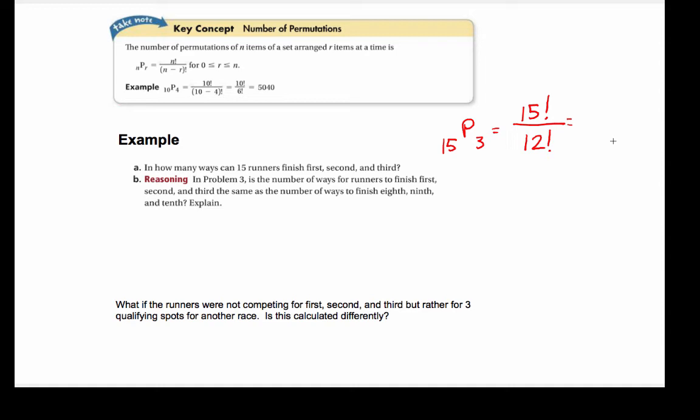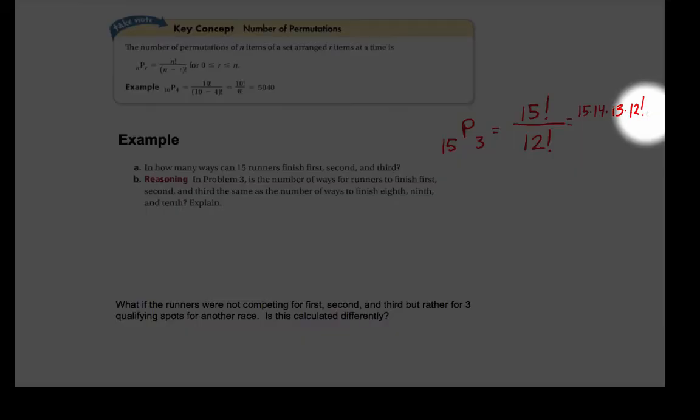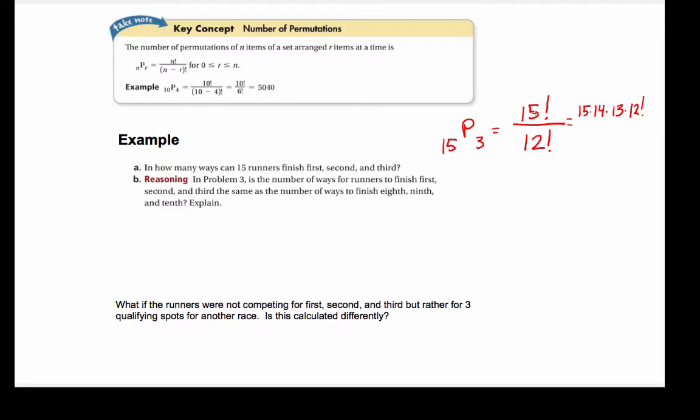Doing it that way would be rather daunting, but let me show you how this works. 15 factorial in my numerator means 15 times 14 times 13 times 12 all the way down to 1, but I'm going to stop here. 15 times 14 times 13 times 12 factorial is a way to expand out 15 factorial. The reason I'm stopping at 12 factorial is because I have 12 factorial in my denominator.